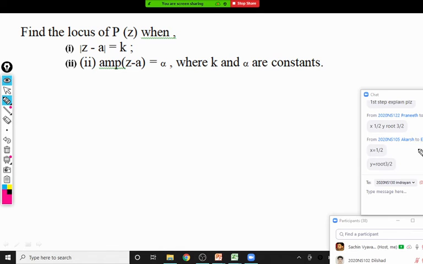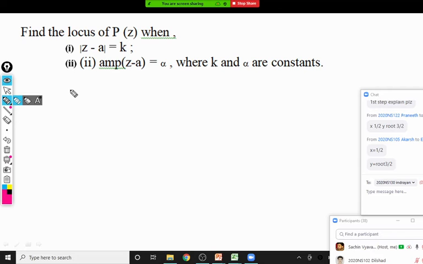So we'll start here. The locus is a set of all points which satisfy a certain condition. Here the condition is mod z minus a is k.